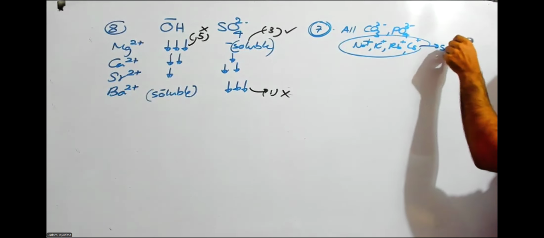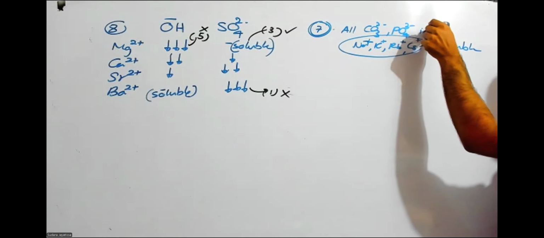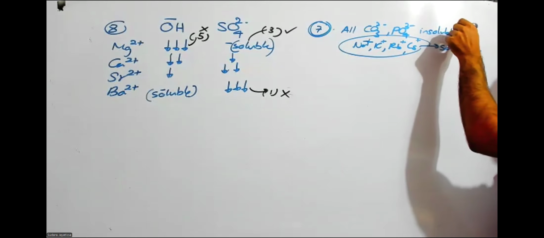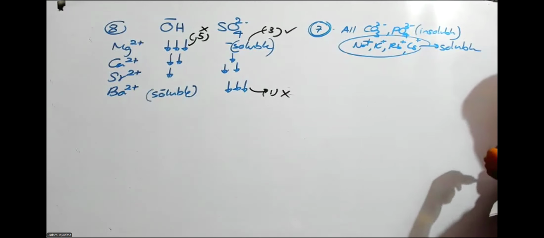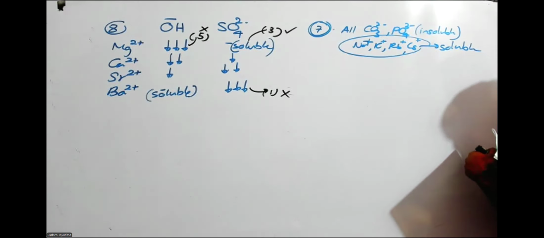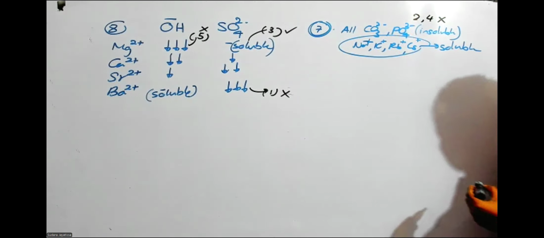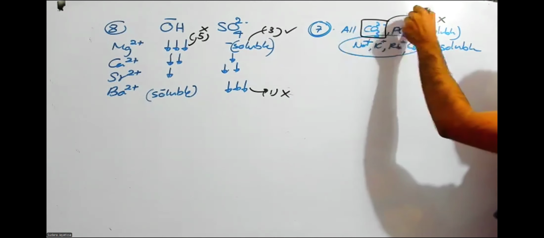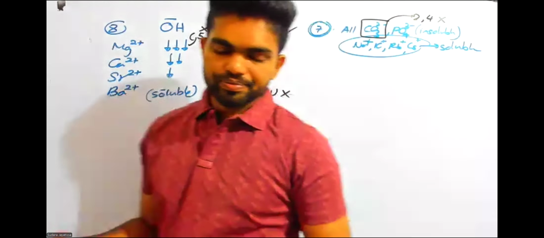Only these are soluble, but all others are insoluble. So you have two carbonates, answer 2 and answer 4. Therefore, 2 and 4 are wrong because they are carbonates. Understood? That's how you explain.